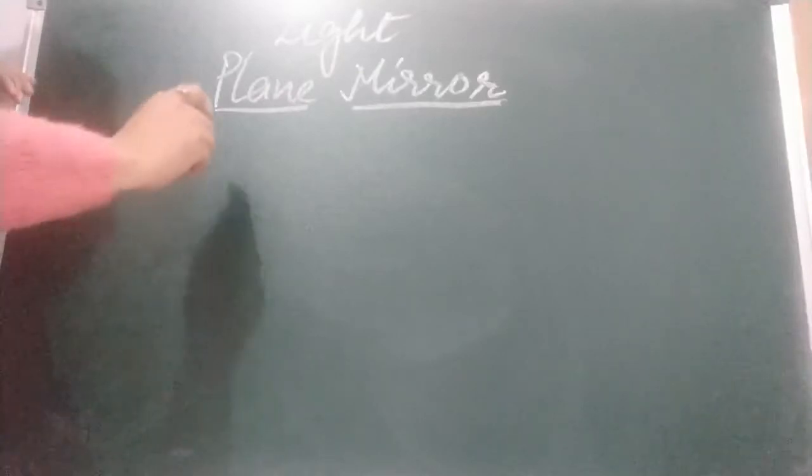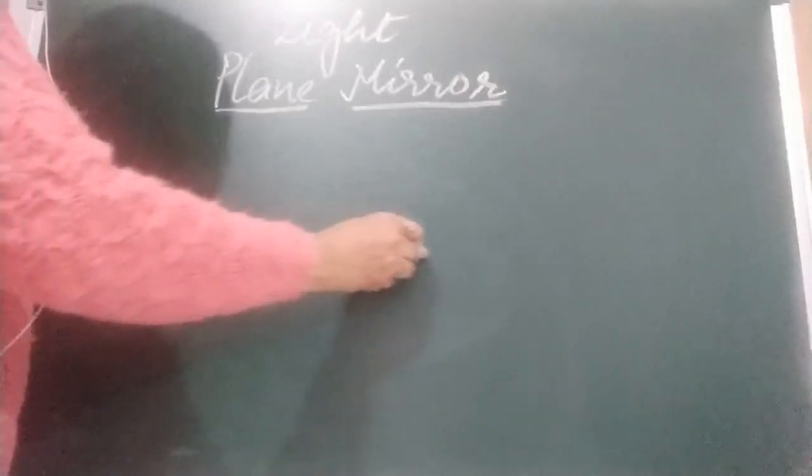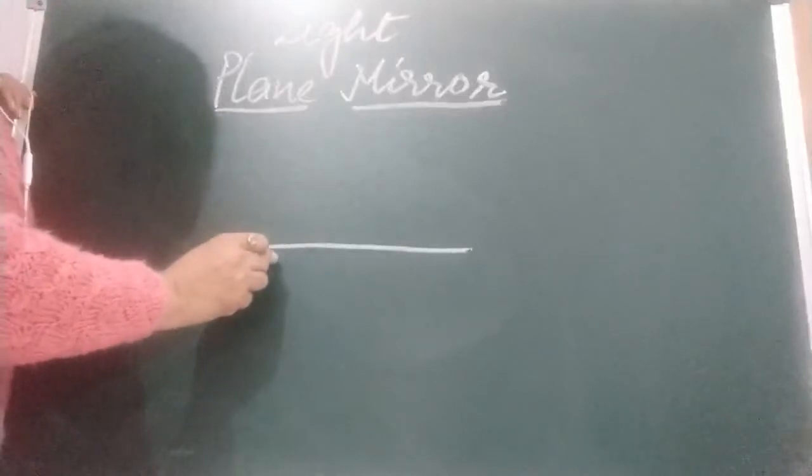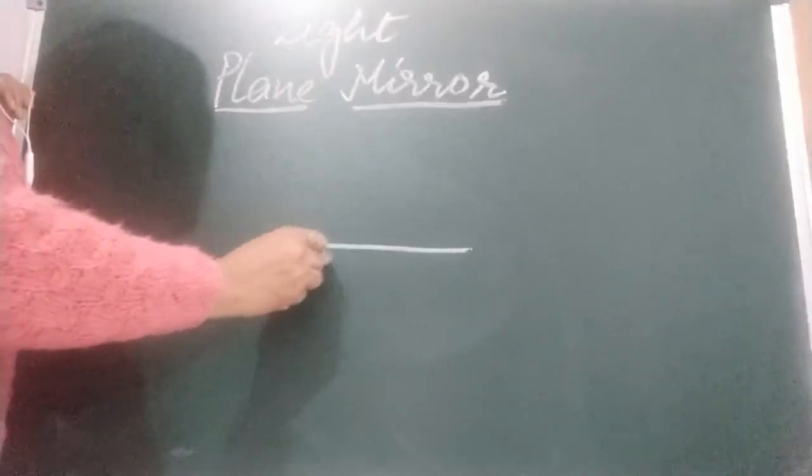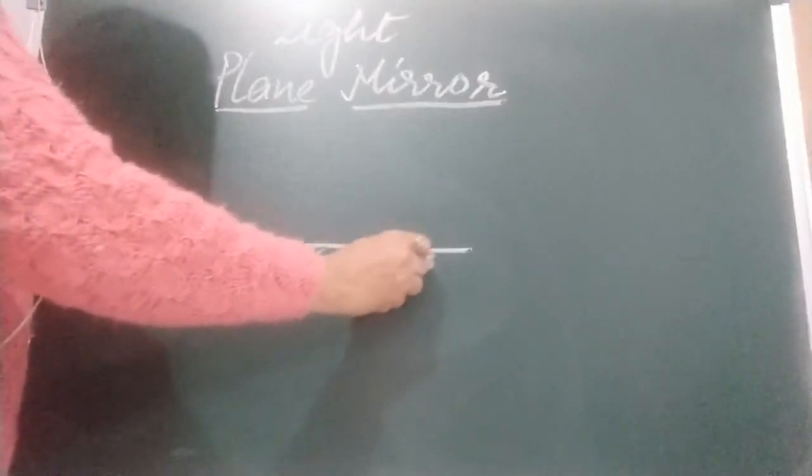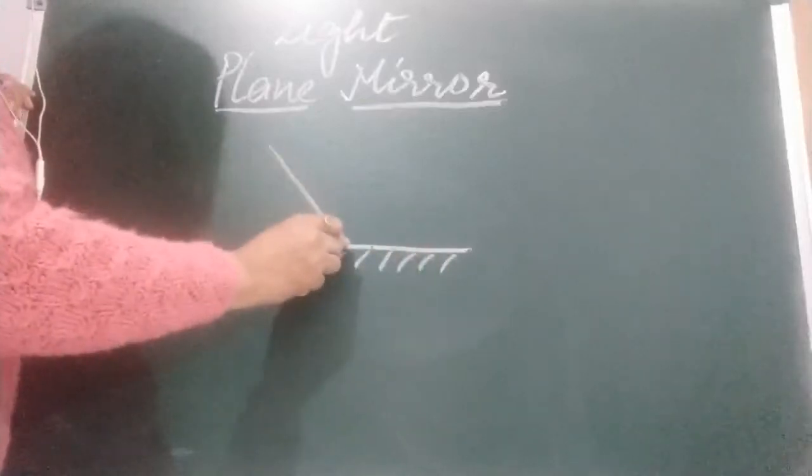Now we are going to discuss the plane mirror, children. What is a plane mirror? Any smooth polished surface that can reflect the rays of light and form a clear image is called a mirror. Like this is a smooth, polished surface, and it reflects the rays.